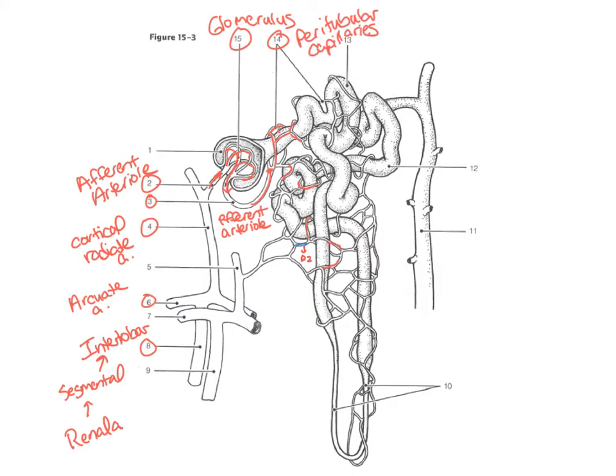So now they look more blue because they've dropped off their oxygen and they have become little venules, and those little venules will then start converging into veins. So now we see the first vein as those peritubular capillaries are converging together, and that vein is called the cortical radiate vein.